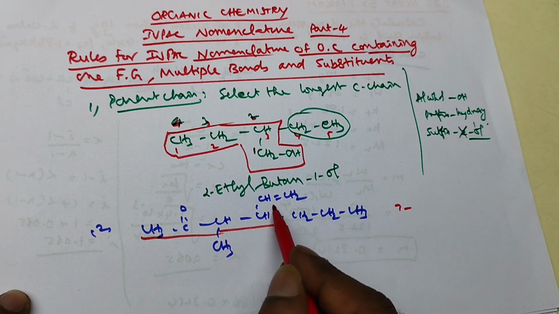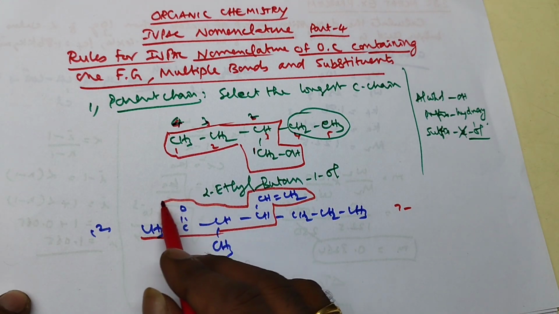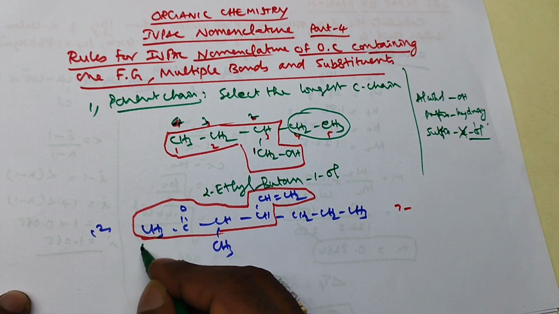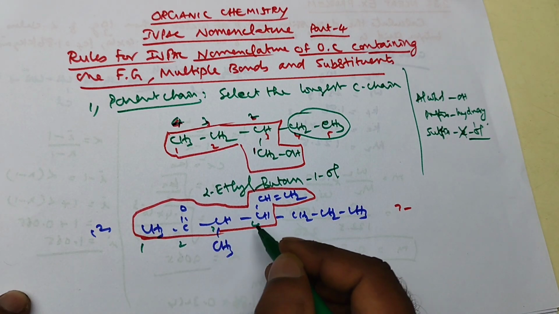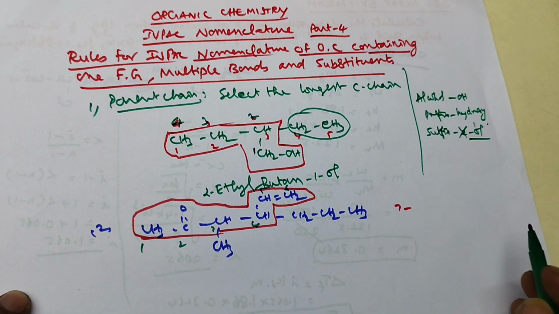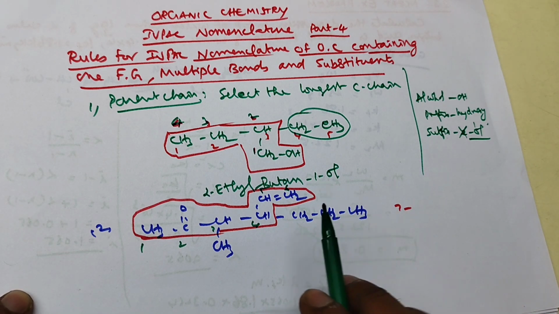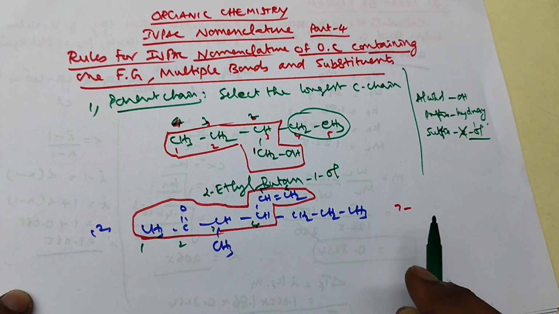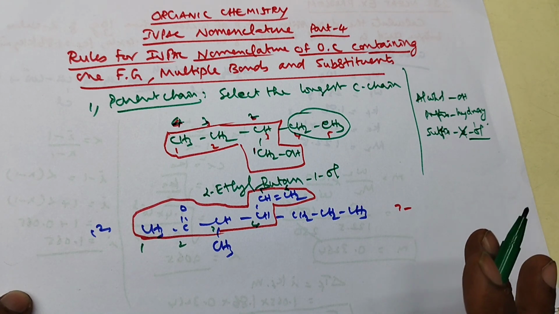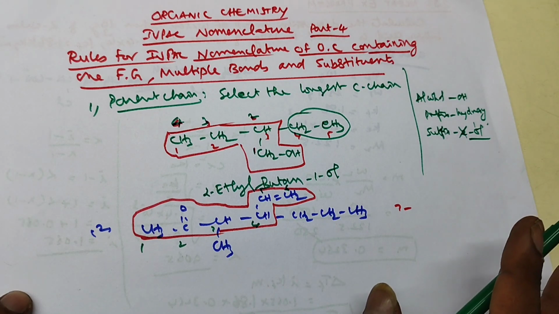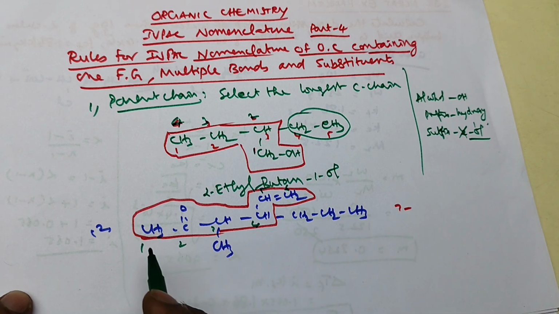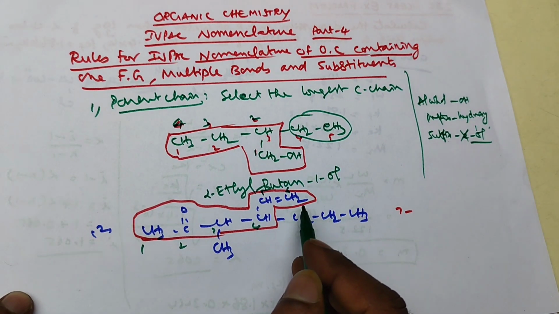So you have to select in this manner only, because it covers the double bond as well as the functional group. You give numbering from the left hand side, 1, 2, 3, 4, 5, 6. If you select like this, the carbon count is only 6. If you select the linear form, it is 7 carbon atoms. But the rule says you have to give preference to the functional group and multiple bonds, which should be covered by the chain. So the maximum is only 6 carbon atoms.